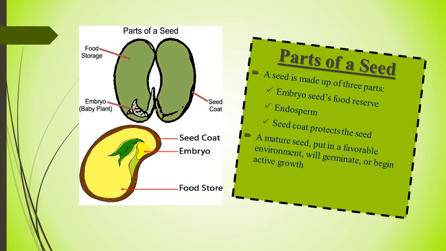In most species, it surrounds the embryo and provides nutrition in the form of starch. It can also contain oils and proteins. Simply, endosperms are the tissues that surround and nourish the embryo in the seeds of angiospermous or flowering plants. In some seeds, the endosperm is completely absorbed at maturity, for example pea and bean, and the fleshy food-storing cotyledon nourishes the embryo as it germinates. So you can see here the parts of seeds.